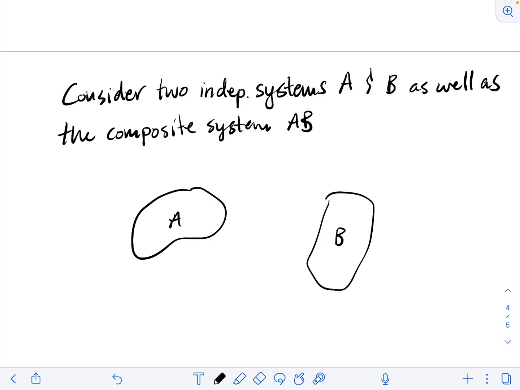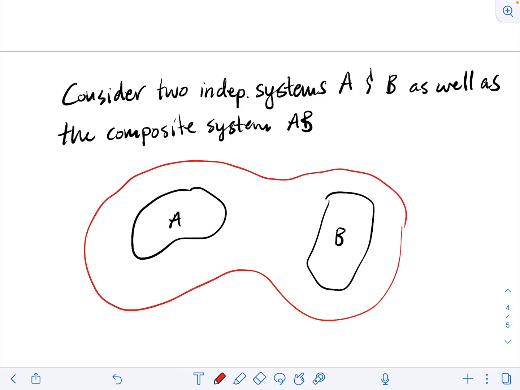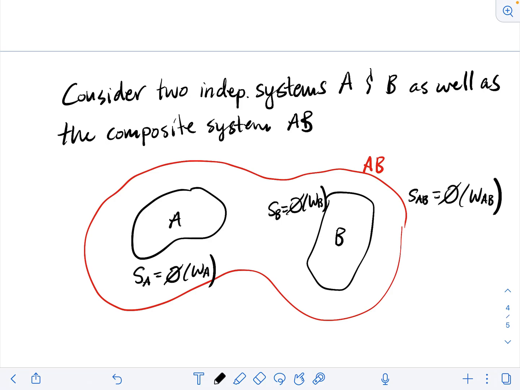So we also have this red system that includes A and B. According to Boltzmann's hypothesis, the entropy of system A is some function of the number of microstates of A, and the entropy of B is the same function of the number of microstates of system B, while the entropy of system AB is again the same function of the number of microstates of the composite system.